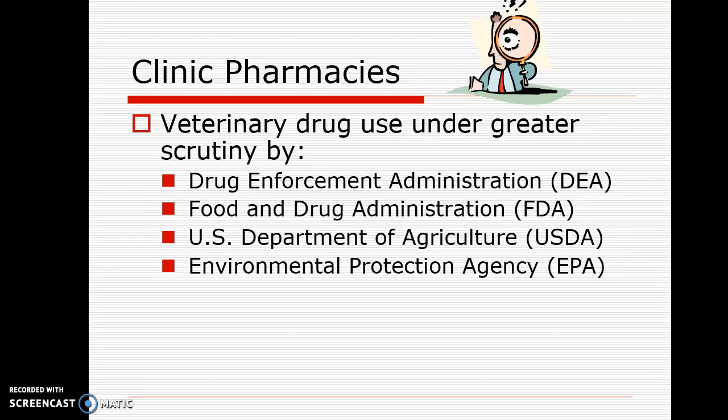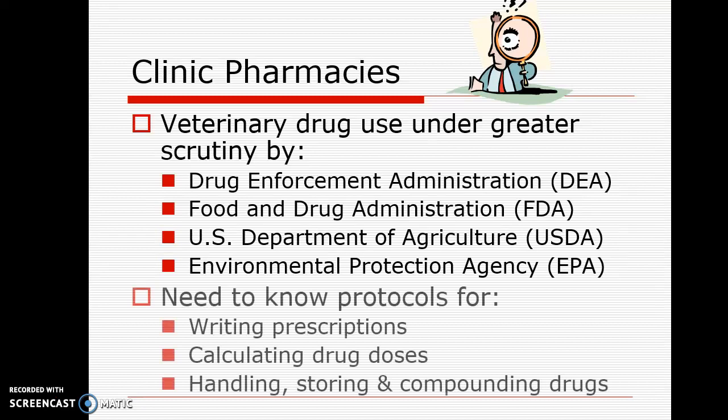The EPA is over things that can have contact with the environment. These are things like pour-on insecticides for large animals, sprays that treat topical sorts of things that may get into the environment. So they have a place in the regulatory area as well.